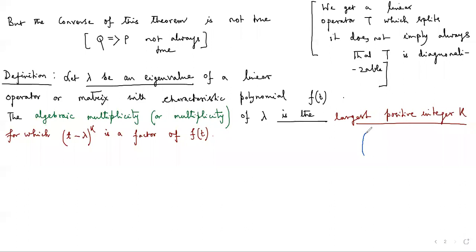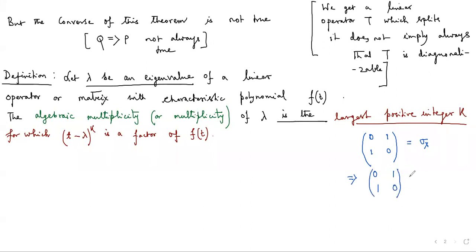For example, if I consider the matrix [[0, 1], [1, 0]], we know this matrix is the Pauli spin matrix. And what are the eigenvalues of this matrix? Let us try to find its characteristic polynomial very quickly.